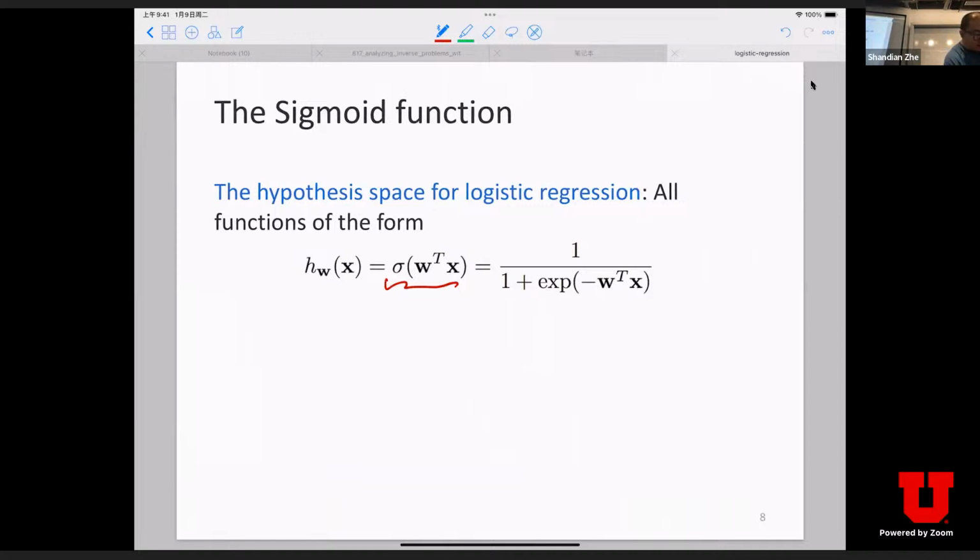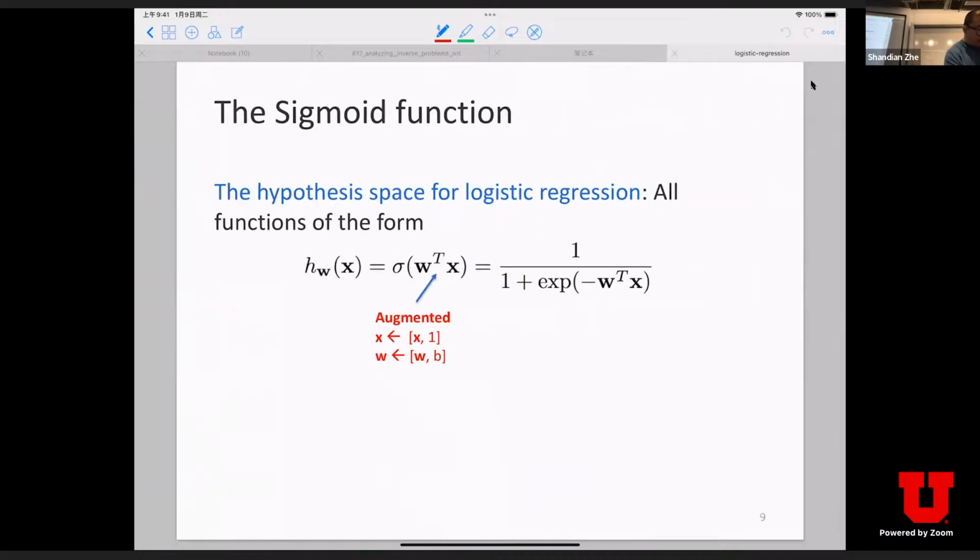You can see that W transpose X here is a linear classifier or linear regression. We do a linear combination of the input features with some weights, and then we do a sigmoid transformation to transform this score into a probability, because the sigmoid is always between 0 and 1. And that's it. That's our logistic regression model.